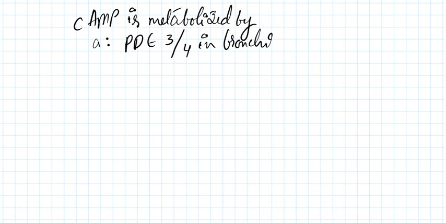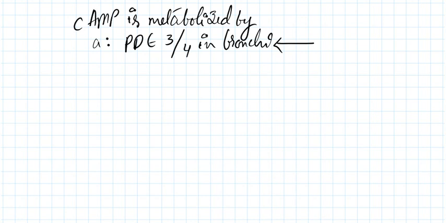Let me tell you one simple mechanism. Cyclic AMP causes bronchodilation. So who will metabolize the cyclic AMP? Cyclic AMP is metabolized by PDE3 or PDE4. In simple words, cyclic AMP is broken down by phosphodiesterase 3 or 4.